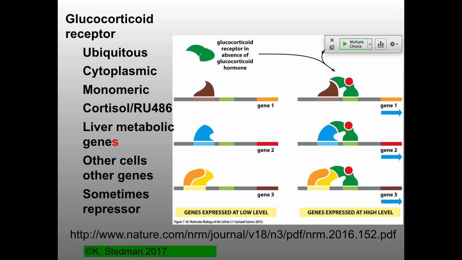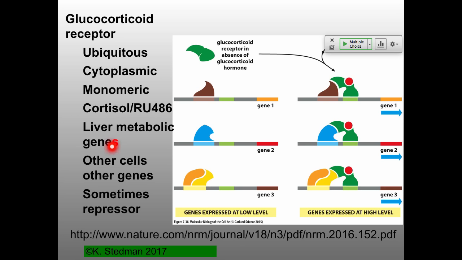When the stress level goes up, cortisol levels, a bunch of these steroids will go up, and one of the things we have to do is get a lot of energy. Stressed out about this. And so usually that particular aspect of cortisol signaling has to do with turning on metabolic genes in the liver, multiple different metabolic genes.